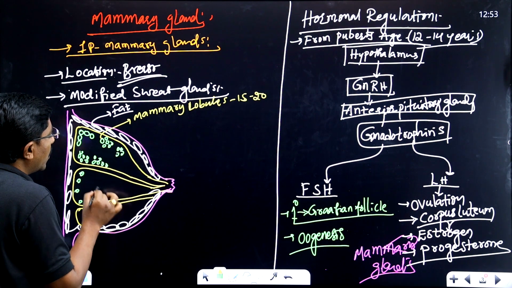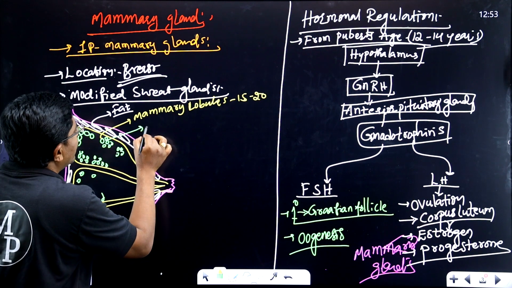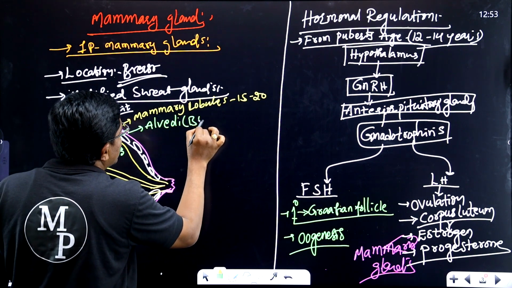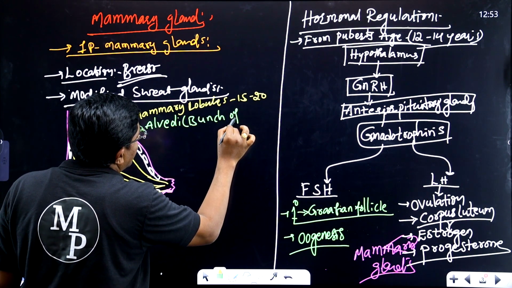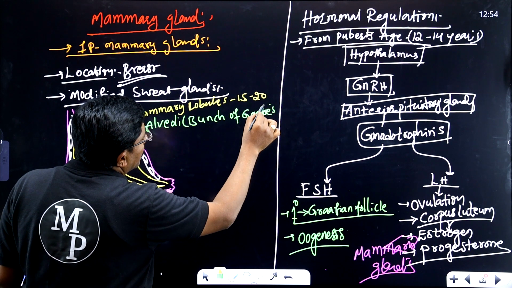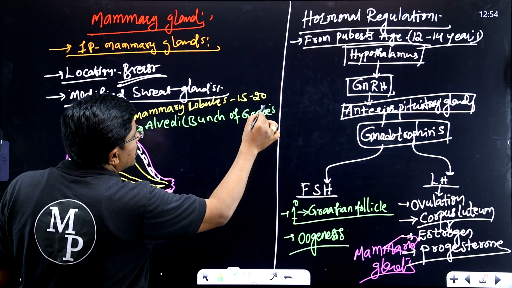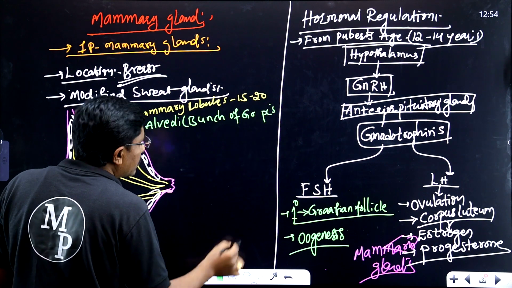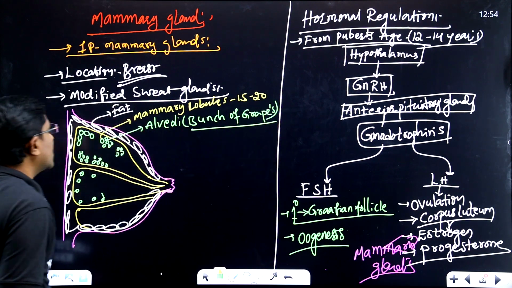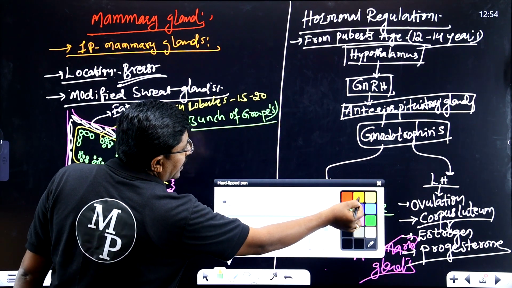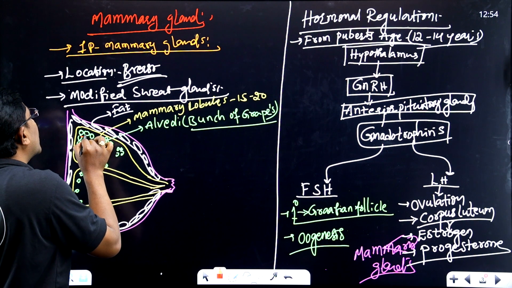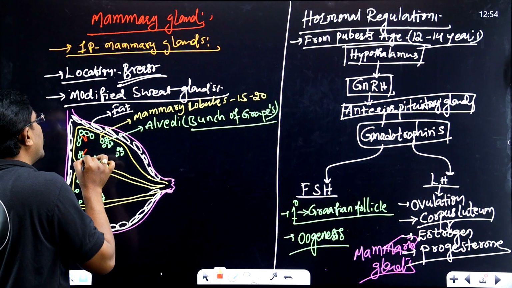In each and every mammary lobule, these bunches of grape-like alveoli are there, and they are internally connected by mammary tubules.